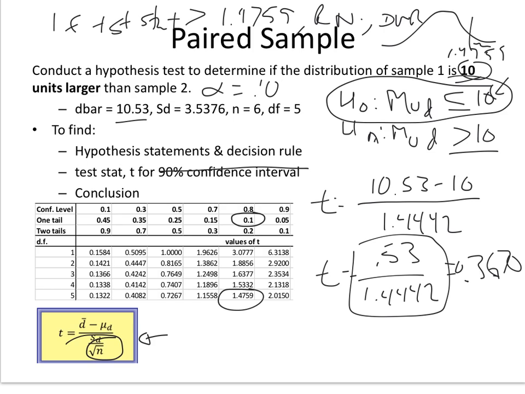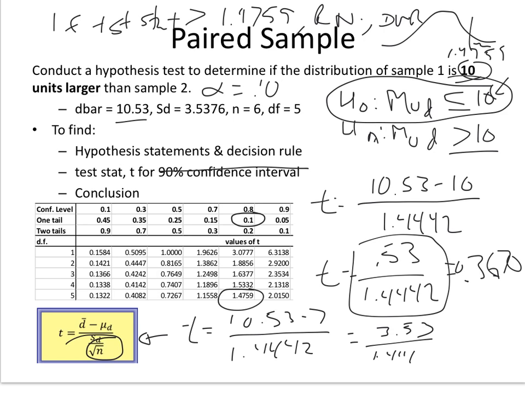So instead of 10, t would be 10.53 minus 7 over 1.4442, and that would be 3.53 over 1.4442, and that's going to be greater than 2, which would fall into the rejection region.